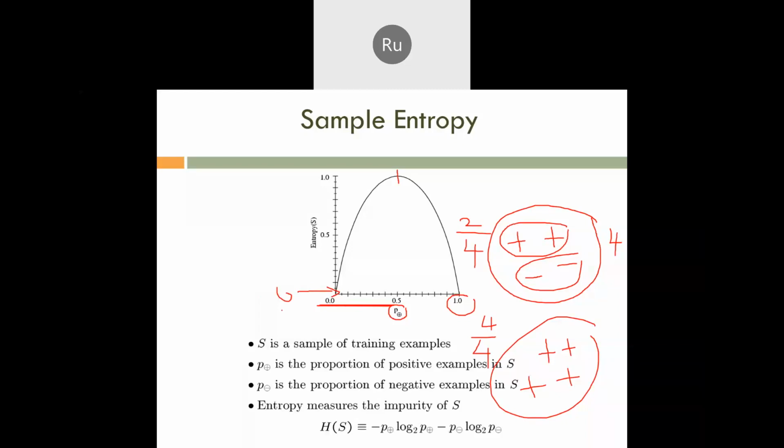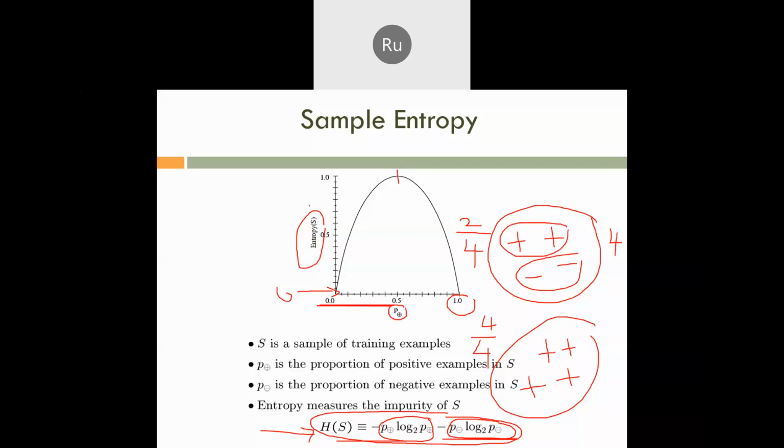The way we get this value is by using this formula. One part of the formula deals with the positive labels, and the other deals with the negative labels. This measures the entropy, which shows you the purity of the partition.